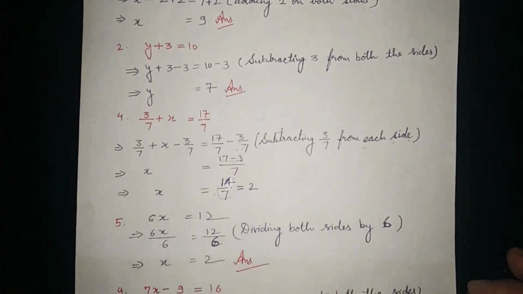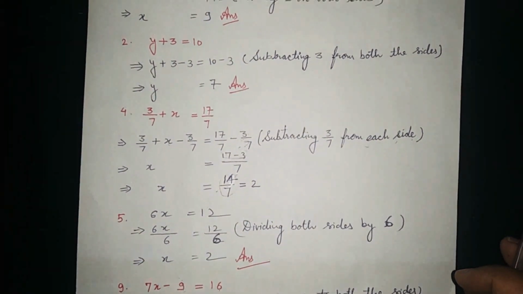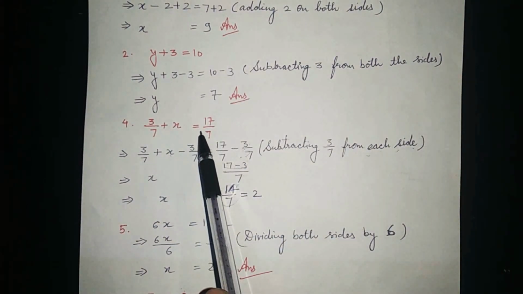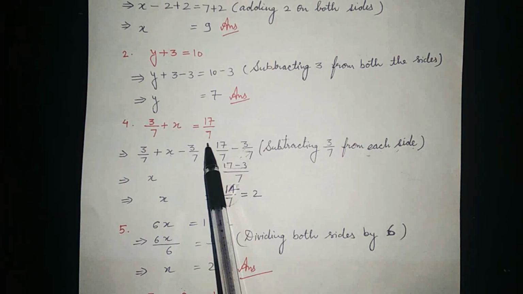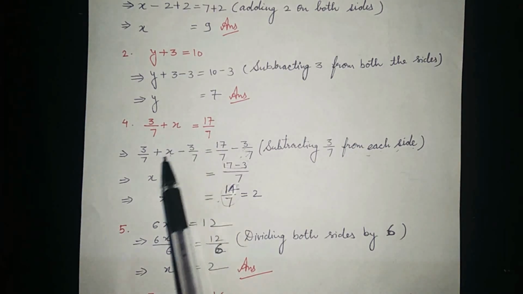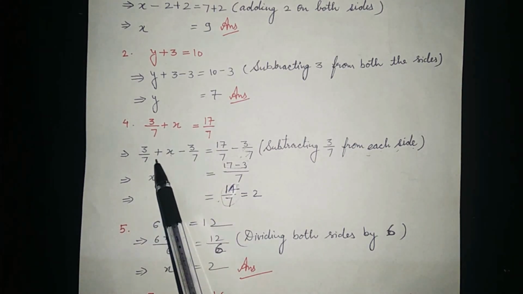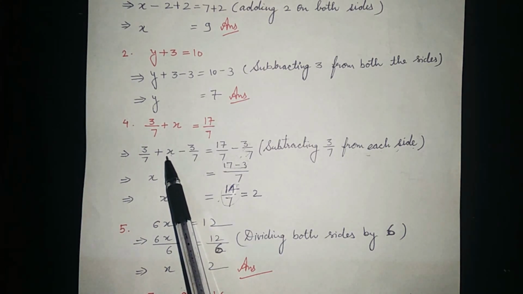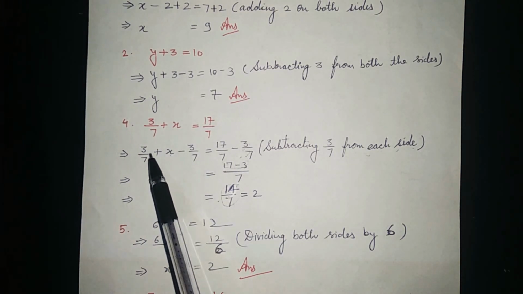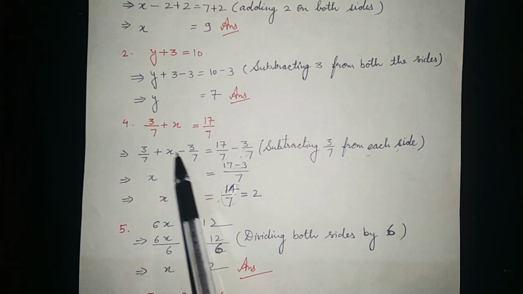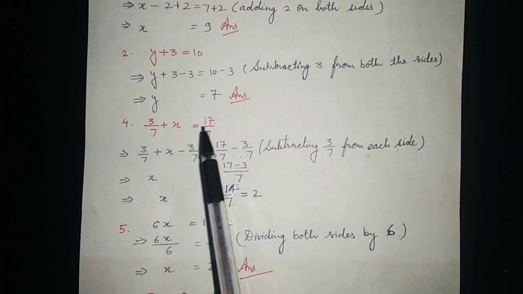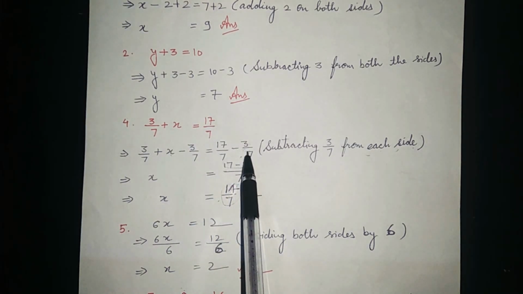Now see the fourth question. The fourth question is 3 upon 7 plus x is equal to 17 upon 7. Here 3 upon 7 is a constant number, x is a variable. So what do we have to do? We have to subtract 3 upon 7 from left hand side, and the same thing we will do on right hand side also.